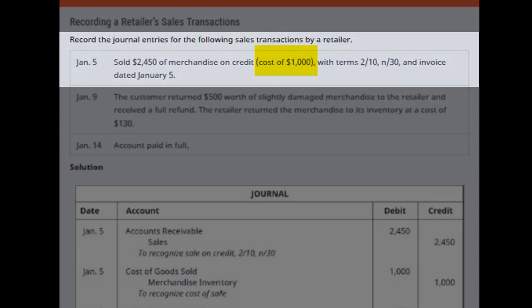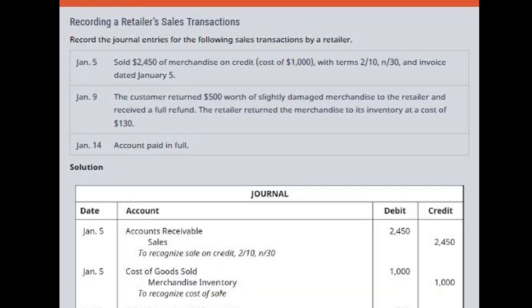But what also happens on January 5th is the customer walks away with the $1,000 piece of equipment that they bought from you. And so your inventory declines in value by $1,000.